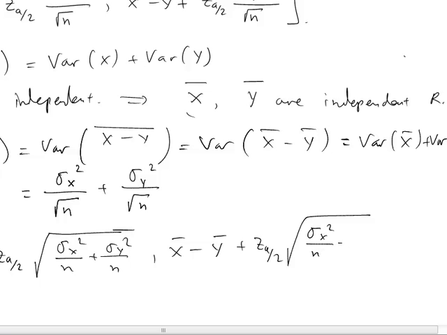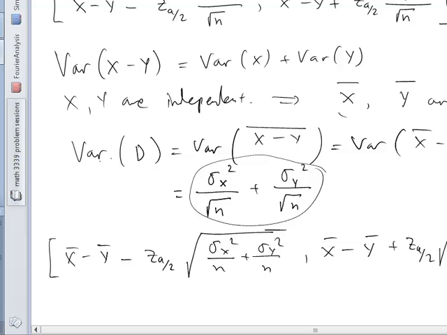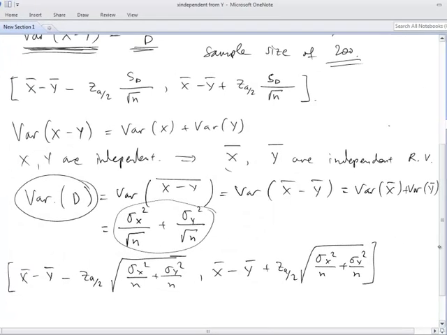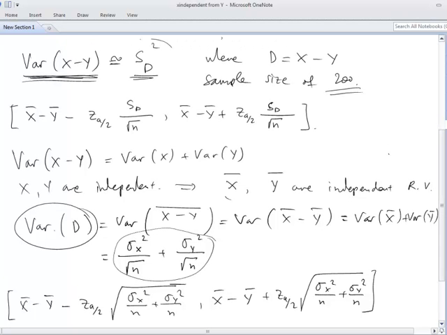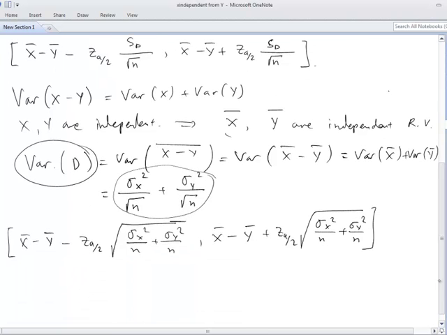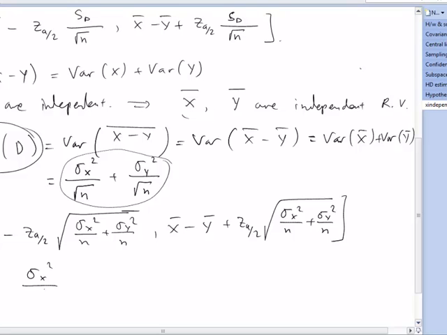You just have to think a little bit. Now, this quantity is equal to this quantity, and this quantity is equal to S D squared divided by n. So, in short, what I needed to know, and didn't have, is already calculated.